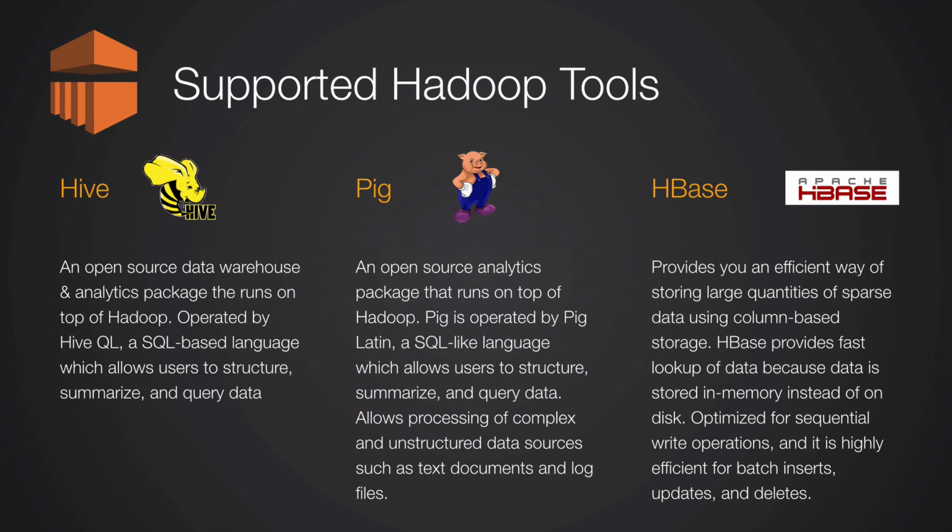Lastly, HBase, which is an open source non-relational distributed database, provides an efficient solution for storing large quantities of sparse data using column-based compression and storage techniques. HBase is optimized for fast lookup of data because data is stored in memory rather than on disk.